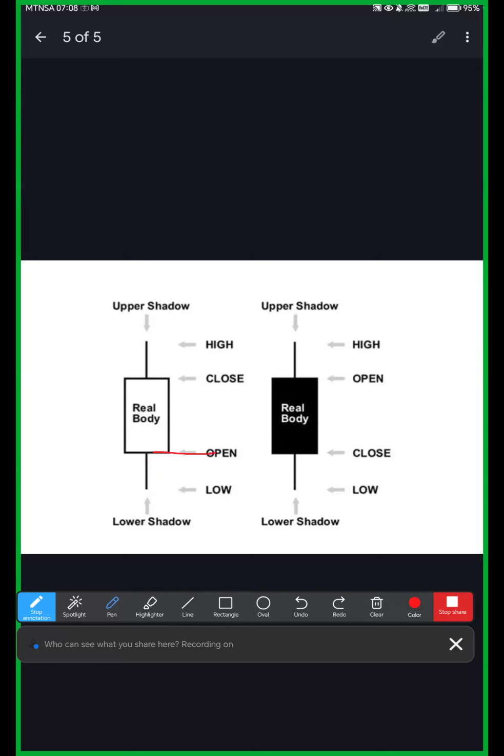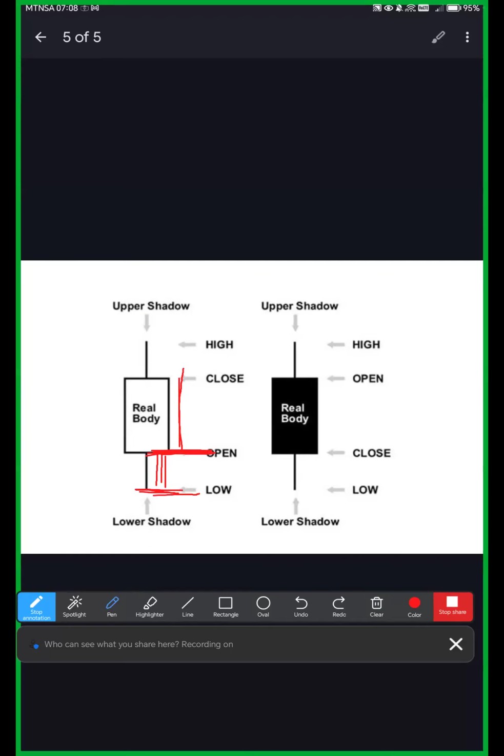Here is price opening. When the price opened here, before it started to go up, there was selling activity. Sellers started to sell until this level, which shows how low the session went.